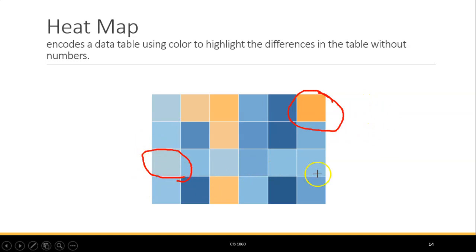This gives us where certain values are hotter or colder. It could also be greater density, or heat. Say this was a window pane, and on that window pane, we can see that the top right-hand corner got warm, and the bottom left-hand corner is less warm, and then we have some other patches of heat here. It could be some type of measurement that we're trying to look at.